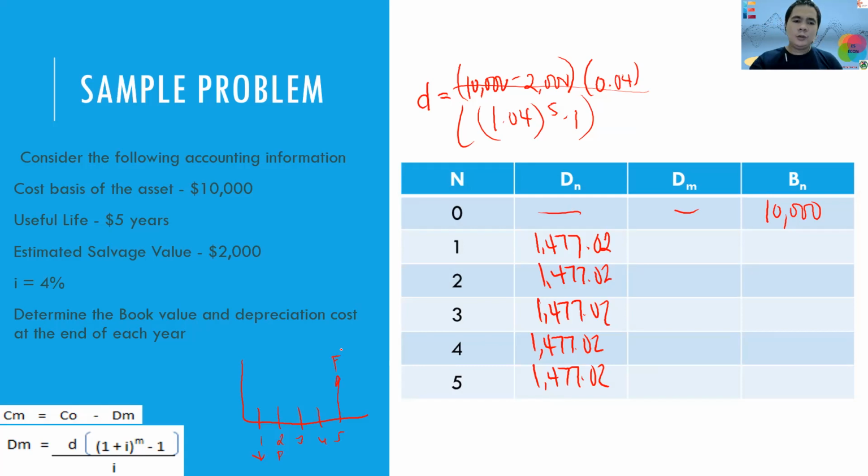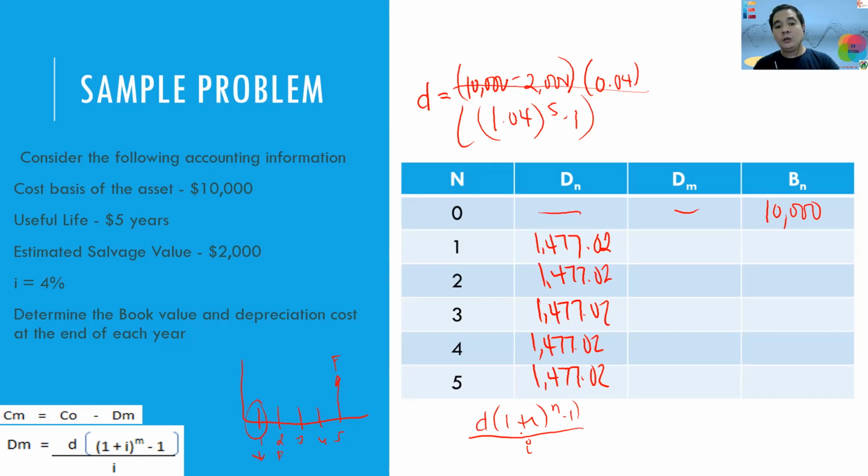So if you get the depreciation value on the first year, or the accumulated depreciation for that one, that is an annuity for 1 year. So that is D times ((1 plus I) to the exponent of n minus 1) over I. So this is 1.04 to the exponent of 1 minus 1, divided by 0.04, times the depreciation.